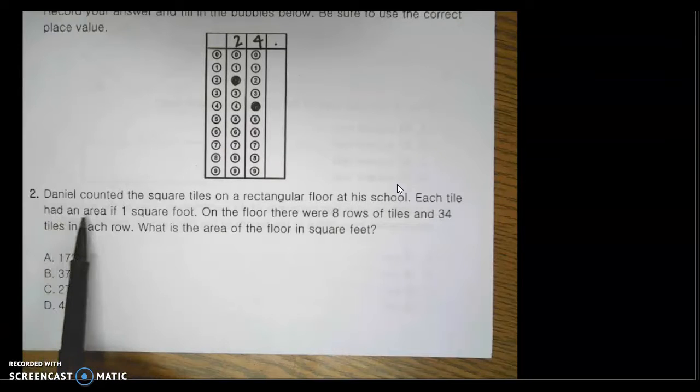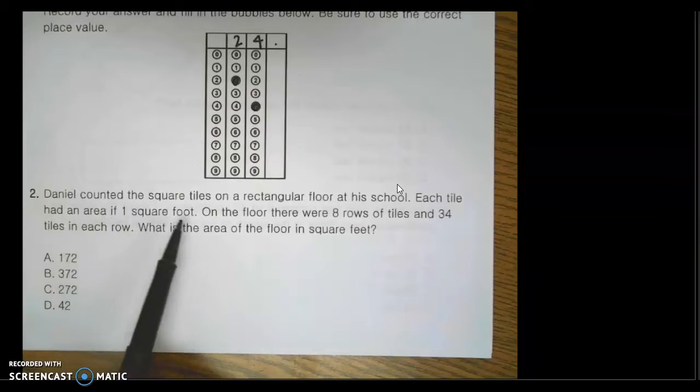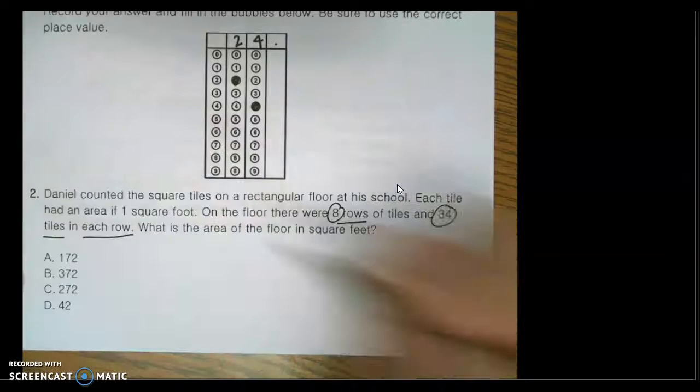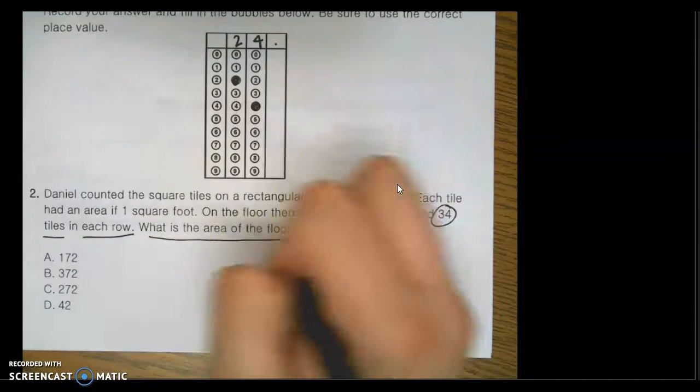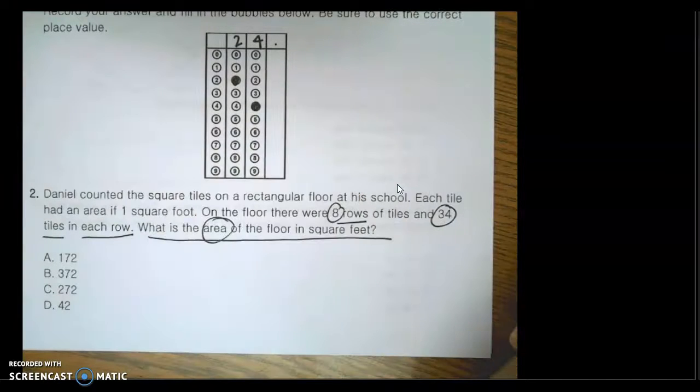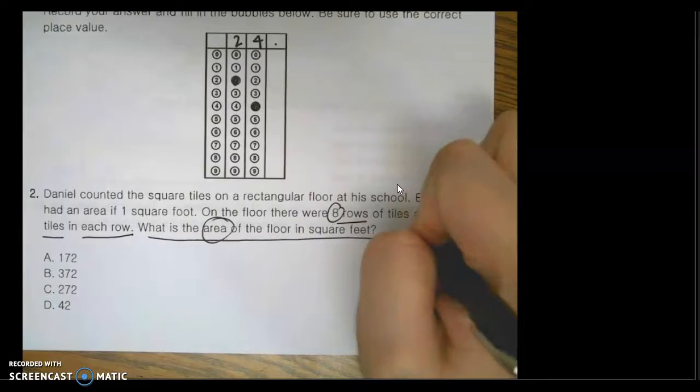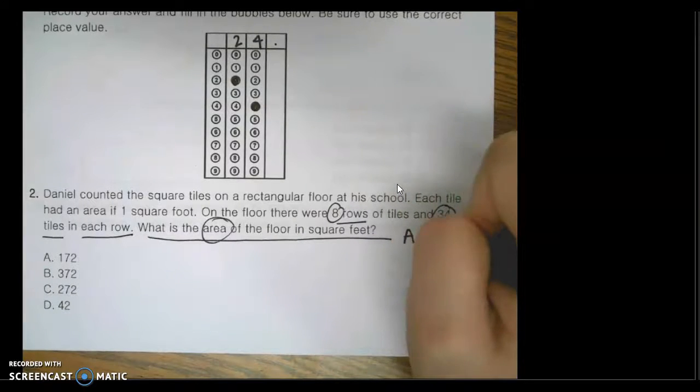Each tile had an area of 1 square foot. On the floor, there were 8 rows with 34 tiles in each row. What is the area of the floor in square feet? Area equals length times width.